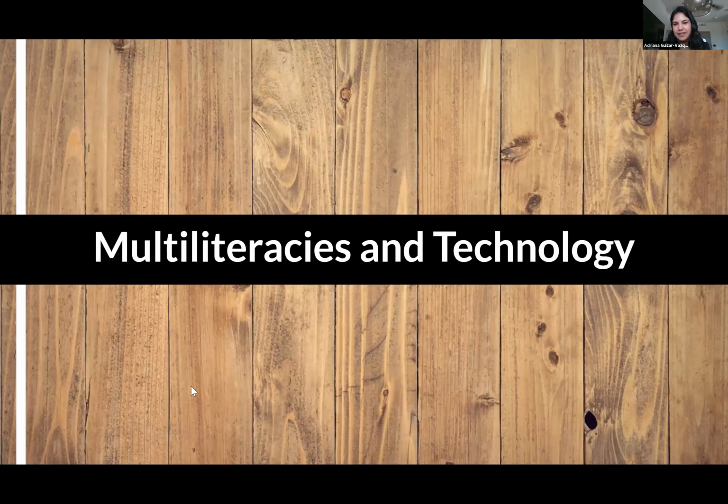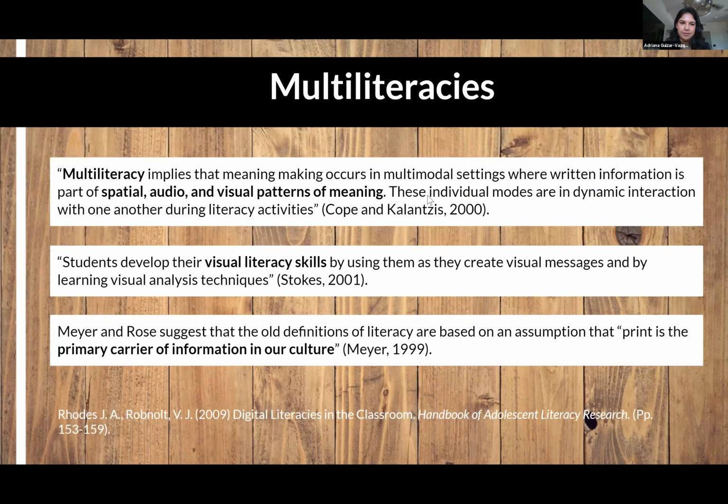We'll start with talking a little bit about multi-literacies and technology. Part of this approach is something that we hear about all of the time, and so I'm pulling some of the research for us to really ground ourselves in what these practices look like now with the use of technology and the shift towards hybrid instruction.